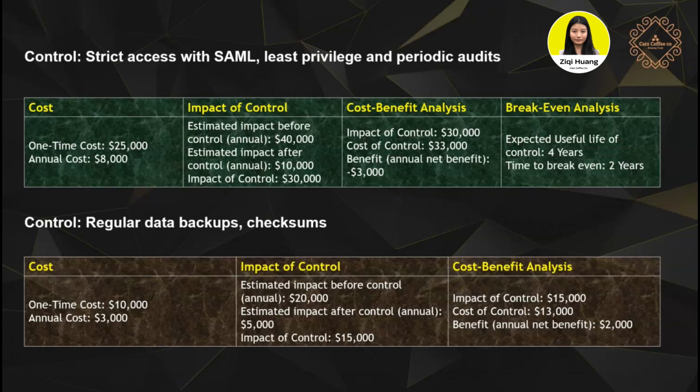You can see the SAML with the one-time cost of 25,000 and with annual cost of 8,000, and although you can say that the benefit is minor, it is negative, but from our break-even analysis, there's only 4 years to the break-even point. Only 2 years to the break-even point.